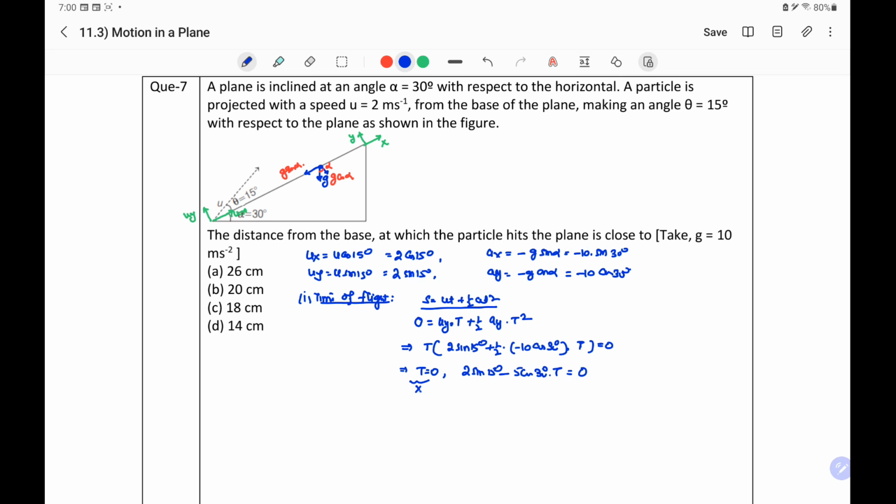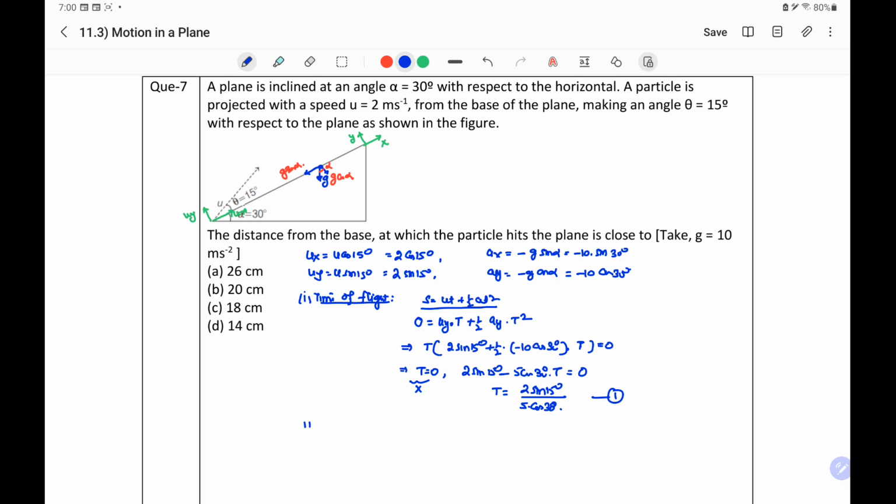This t cannot be 0 because there is some time elapsed between the time at which it is projected and when it strikes the inclined plane. So t cannot be 0, therefore 2 sine 15 degree minus 5 cos 30 degree into t will be 0, or we can say t is equal to 2 sine 15 degree by 5 into cos 30 degree. This is our equation number 1.